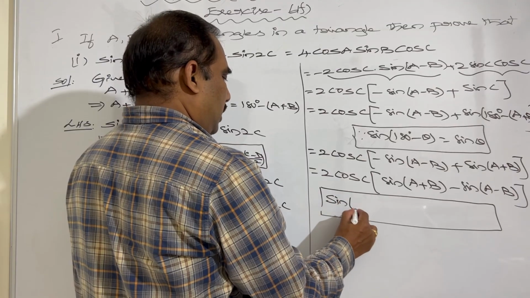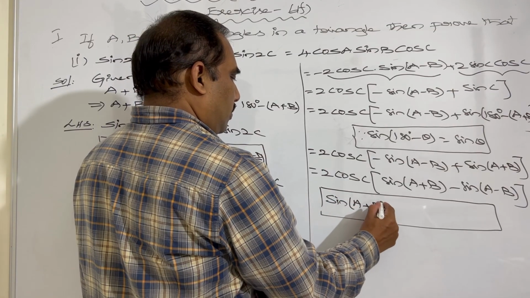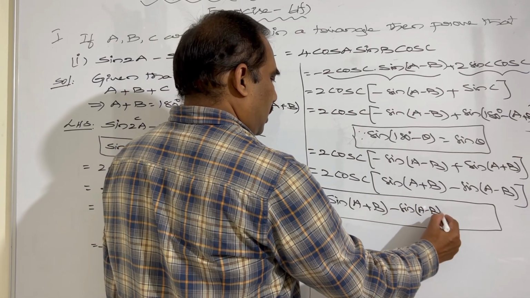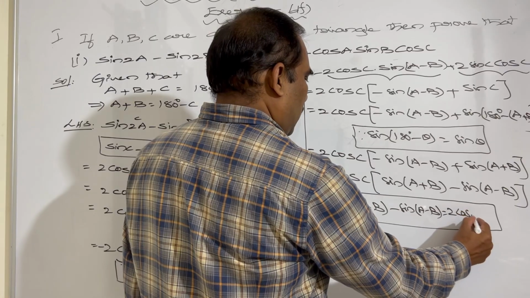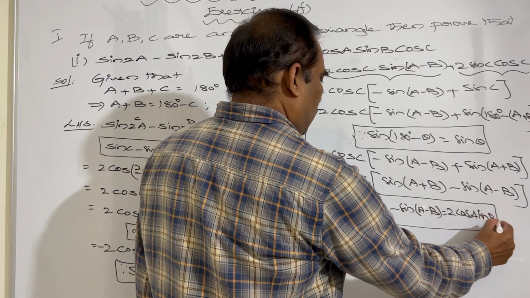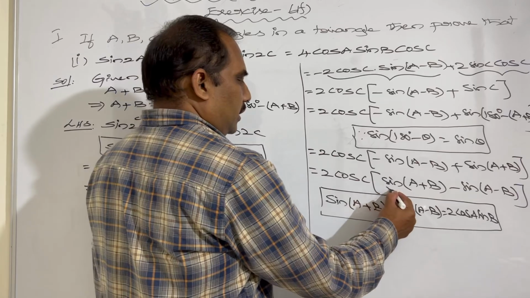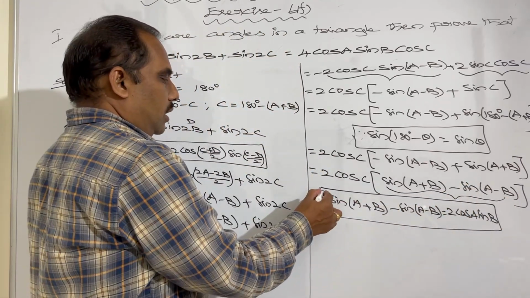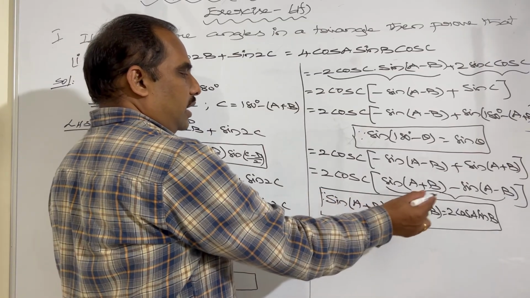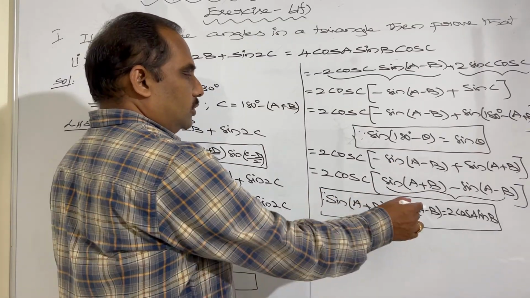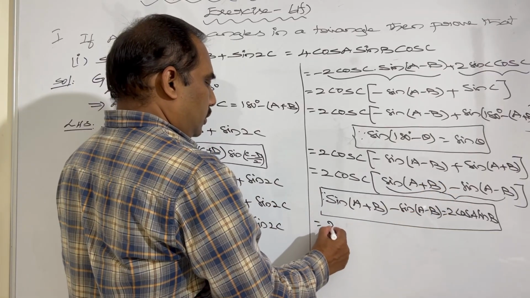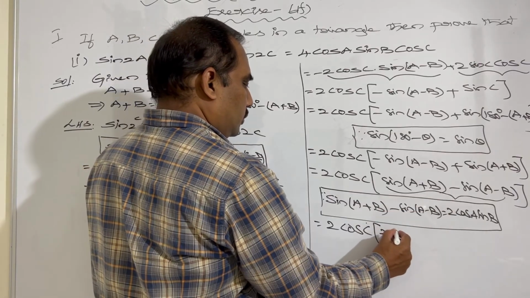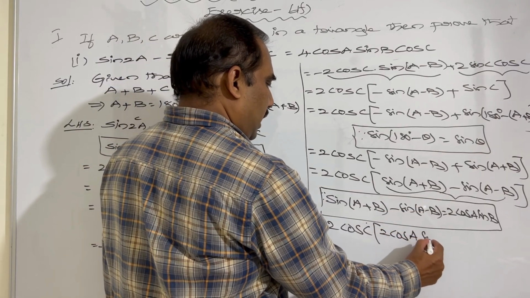We have the formula that it is 2 cos A sin B. So the entire thing within the bracket, sin of A plus B minus sin of A minus B, is replaced by 2 cos A sin B. Here 2 cos C is written as it is, into 2 cos A sin B.